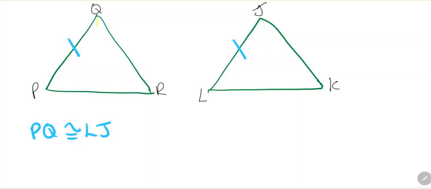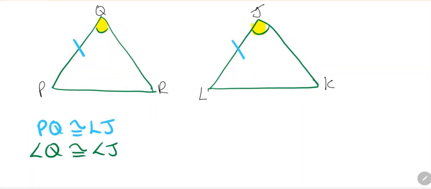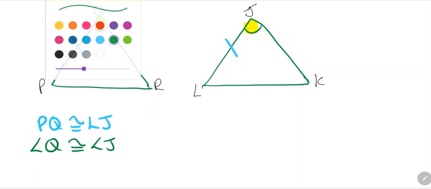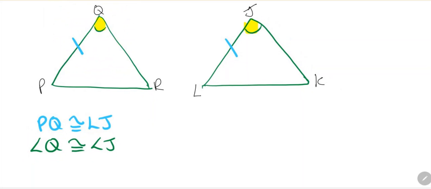And then I'm going to tell you that angle Q is congruent to angle J. Now I'm also going to tell you that QR is congruent to JK.